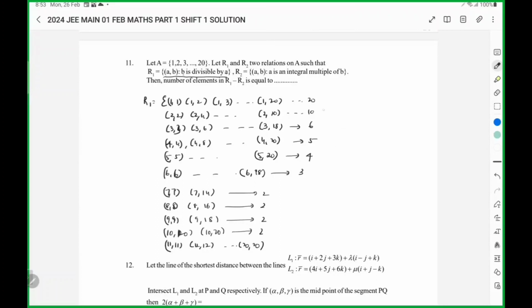So totally how many? 36, 41, 45, 48. Here it is 56 plus this 10. 66 terms are there.